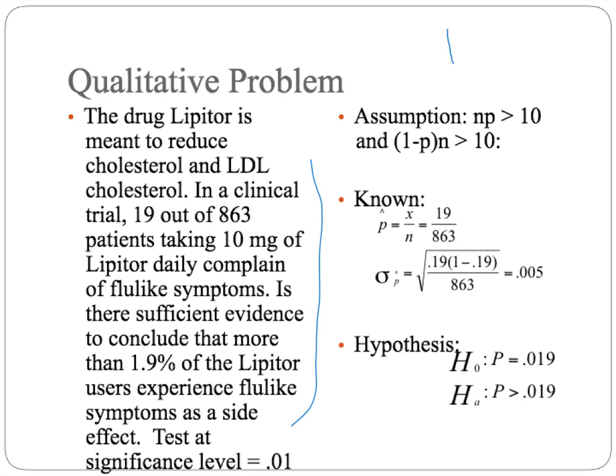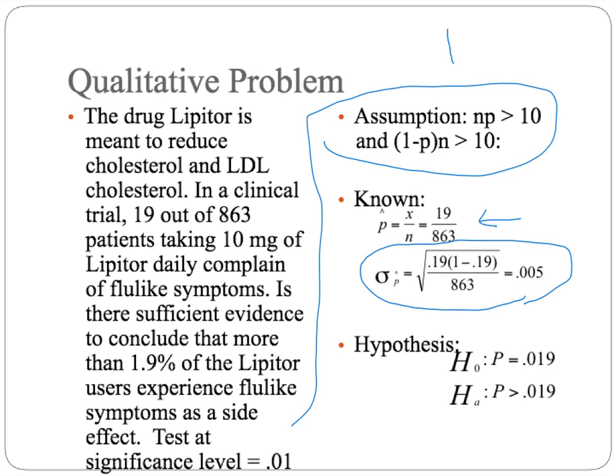So the first step is, do we meet the assumptions, right? And in this case, we do. We know that P hat is 19 over 863, right? So that's 0.019. And then we also get the standard error, which is 0.005, and we set up the hypothesis test.